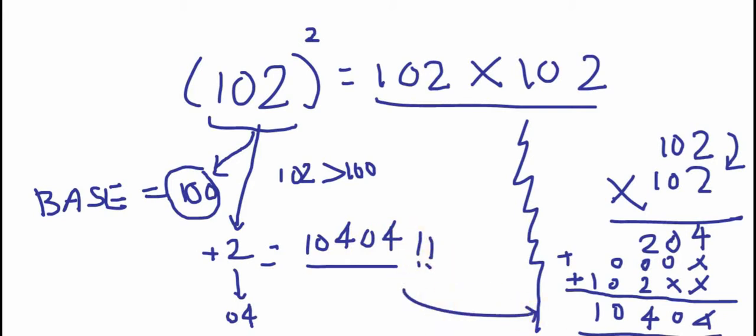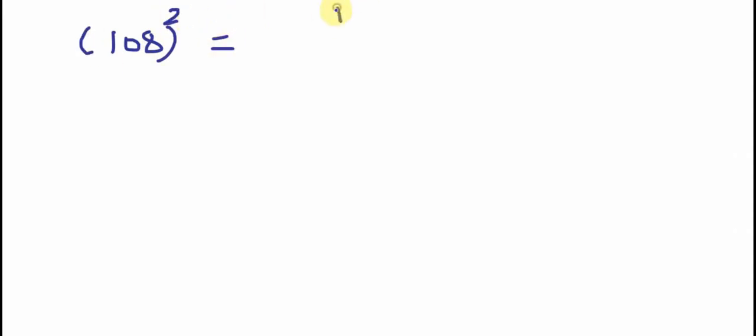Now similarly, let's do it for one more number. Let's say you have 108. Once again, the closest number or our base will be 100. In future we'll see that when the number gets bigger, the base also changes.